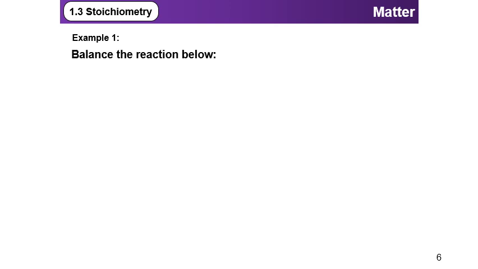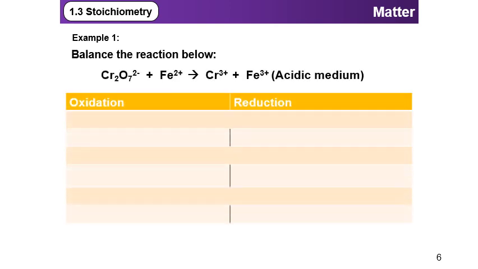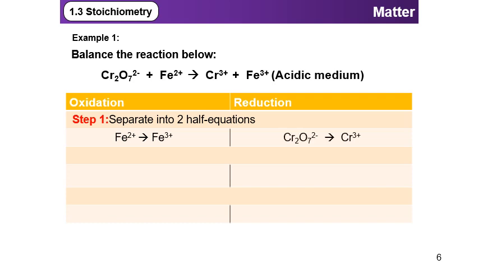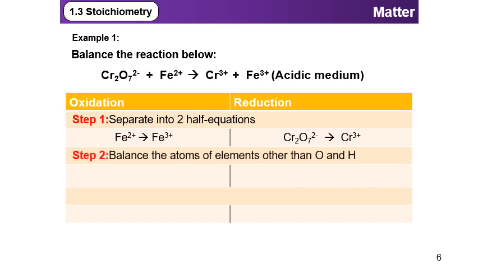Now let's start with step 1, which we already discussed in the previous slide. Separate into two half equations, and we get Fe2+ to Fe3+, and Cr2O7 2- to Cr3+. Then we continue with step 2: balance the atoms of elements other than oxygen and hydrogen.